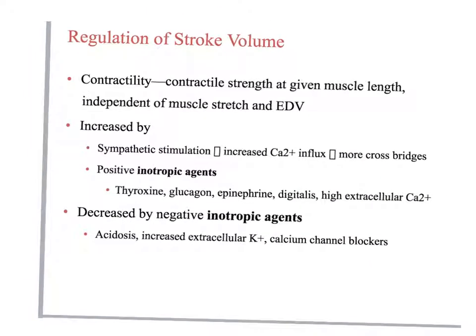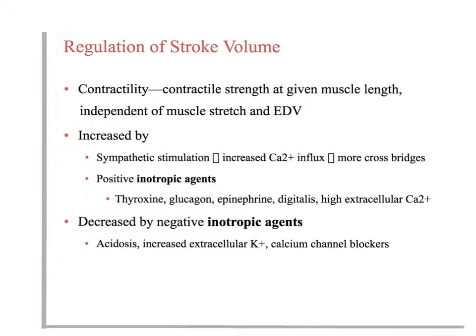Contractility. Contractility is a function of the muscle itself, how well it can contract. It is independent of how much volume of blood is in there. It depends on other outside things. It's increased by sympathetic nervous system innervation, and it's increased by calcium.